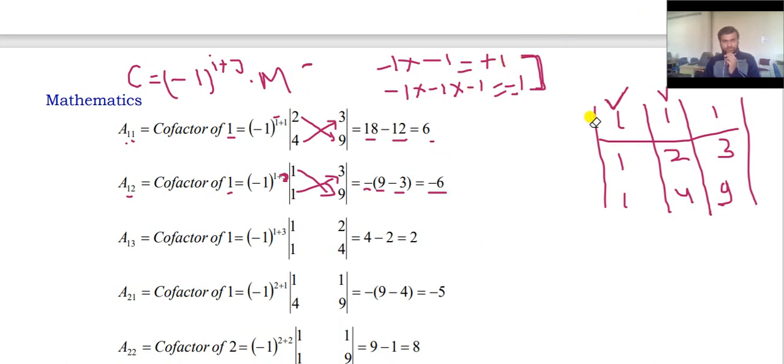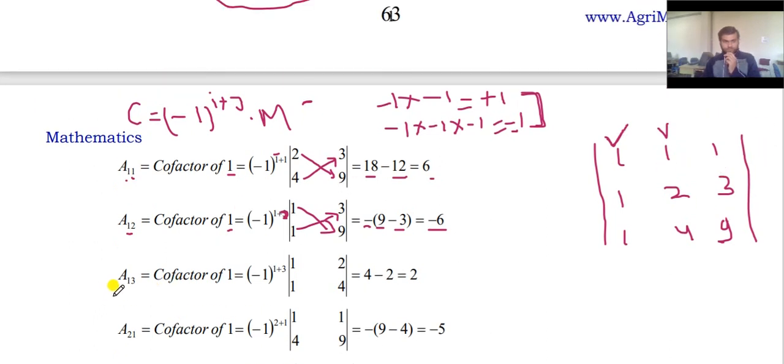Next, A13, first row, third column. It is talking about this number 1, so it is the cofactor of 1. So minus 1 to the power 1 plus 3. 1 plus 3 is 4. 4 is an even number, due to that minus is not coming in front.